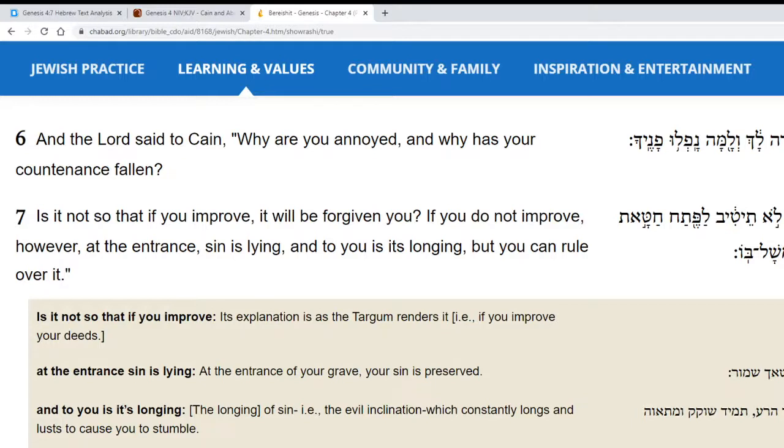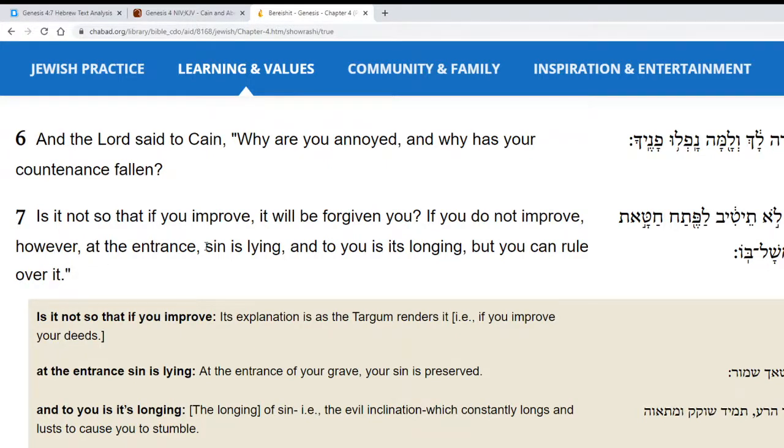We say that God lifts sin. So they're actually translating the set here as linso avon, to remove sin. It will be forgiven you. If you do not improve, however, and I'm not sure exactly where they got the however from, at the entrance, sin is lying, and to you is its longing, but you can rule over it.